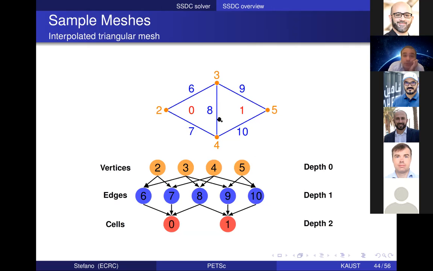For example, here we have two cells, cell 0 and cell 1. We have 4 vertices that are 2, 3, 4, and 5, and then we have the edges. The way it is stored in memory is as a directed acyclic graph. The arrays are flattened, but the idea is that you have a way of going through these relations.